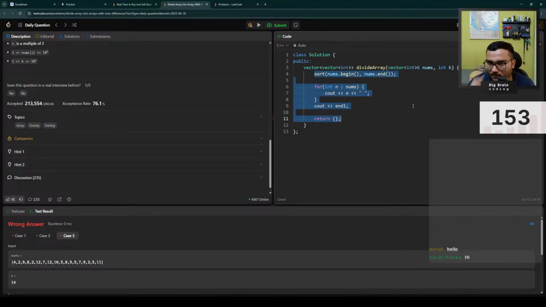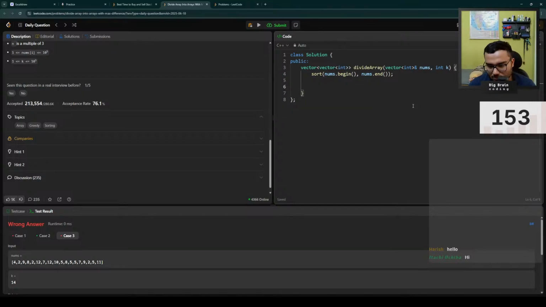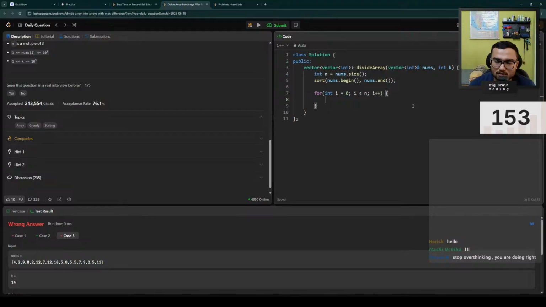Okay. So sorting is done. Then simply... What? Okay. I need to go in groups of 3. Stop overthinking, you are doing it right. Okay, yeah, let's implement and see what's the deal here. Nums.size, i is less than n, i plus plus.